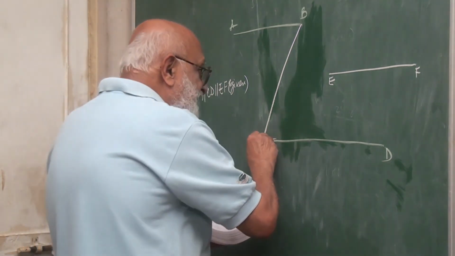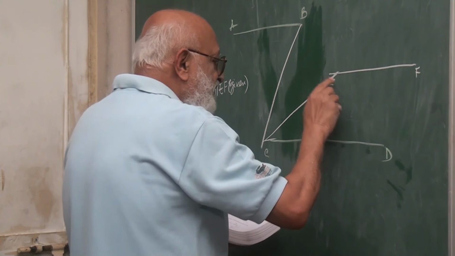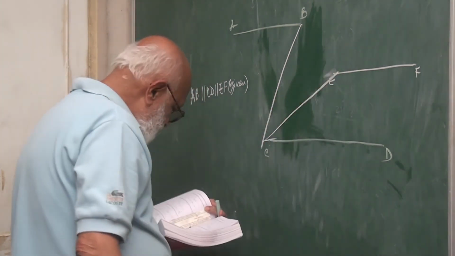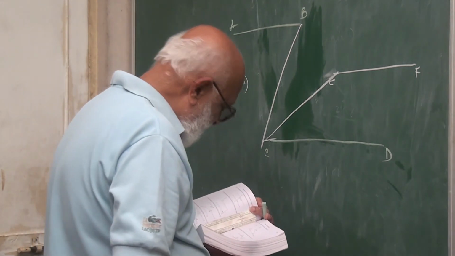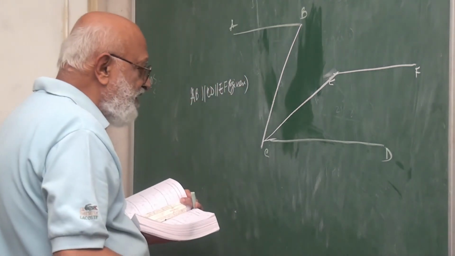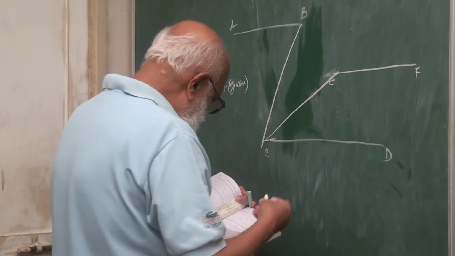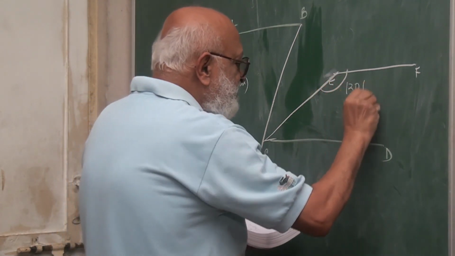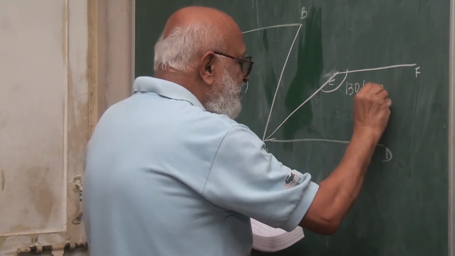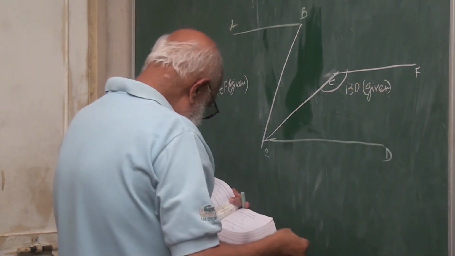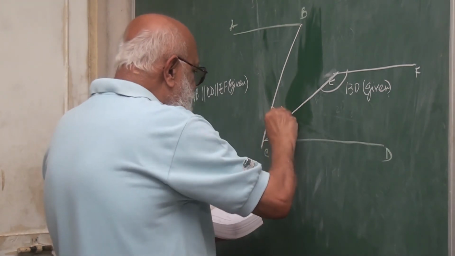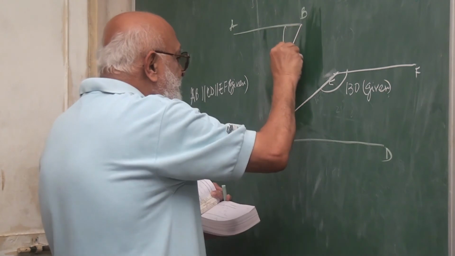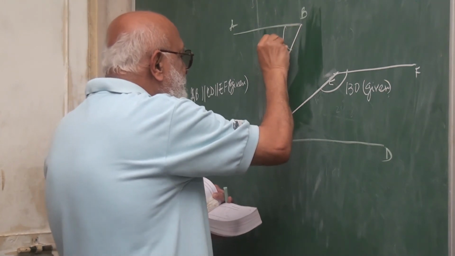C is connected to E. Okay. I should have done it before. Okay, that's it. Only this one connection. And this angle is given. This is 130. This is given. Okay. This angle is x0. This is given. This is to be found out. This angle is 70. This is given.